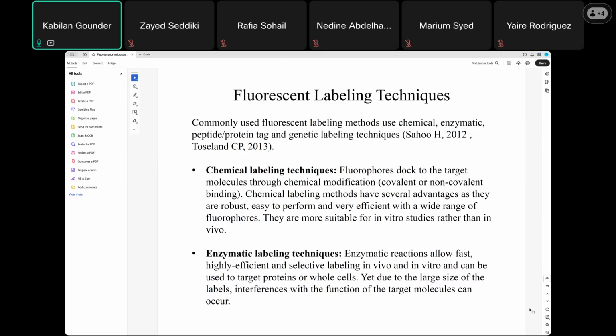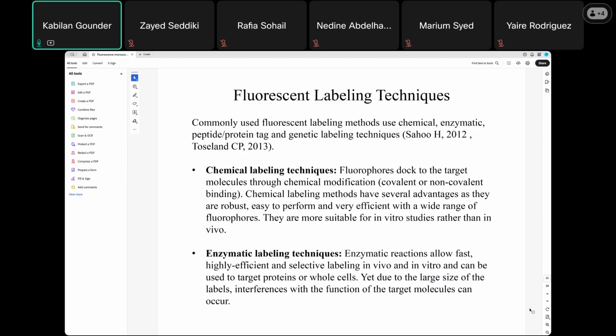The other technique is enzymatic labeling. The enzymatic reactions allow fast, highly efficient, and selective labeling both in vivo and in vitro, which can be used to target proteins or whole cells. Yet, due to the large size of the labels, interference with the function of the target molecules can occur.